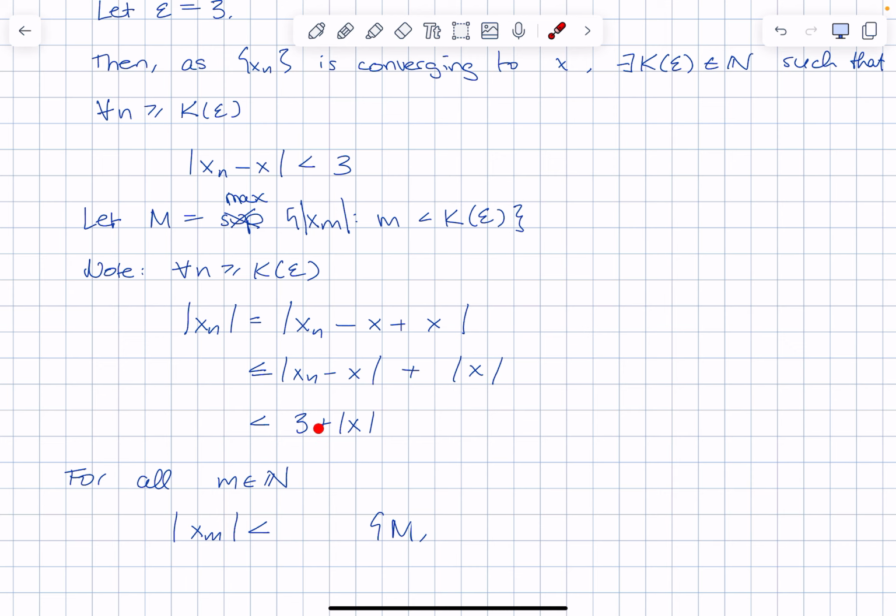So no matter what, it's going to be less than this or that, so we can use the max here. Does that make sense? What questions do we have?